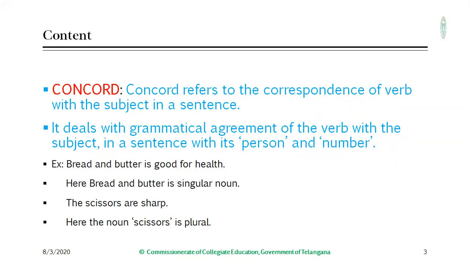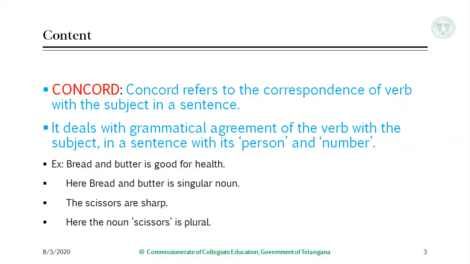It deals with the grammatical agreement of the verb with the subject in a sentence with its person and number. This is about Concord.